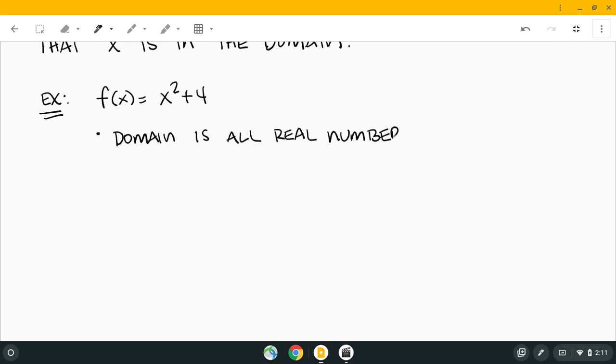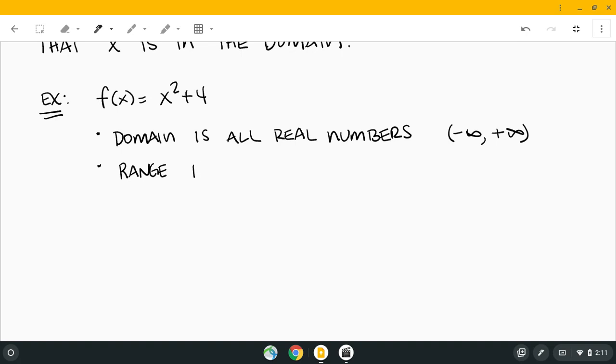Another way to say all real numbers using this notation is negative infinity to infinity. The positive is not necessary in front of the infinity. Back in the day, they used to require that. Not anymore.